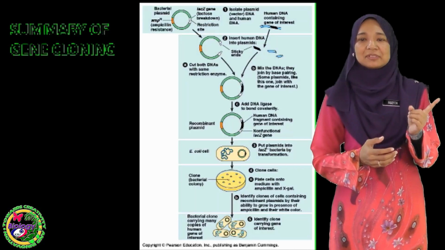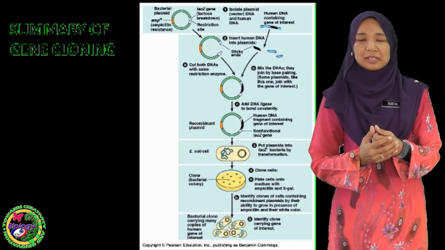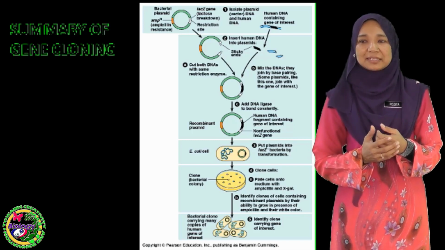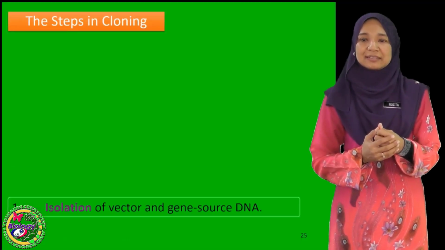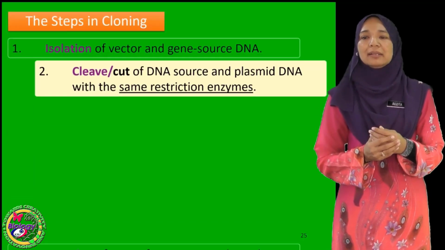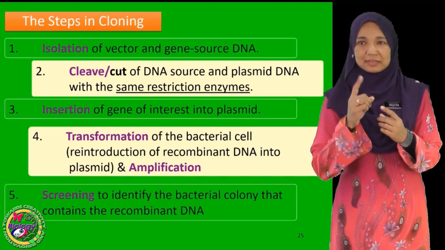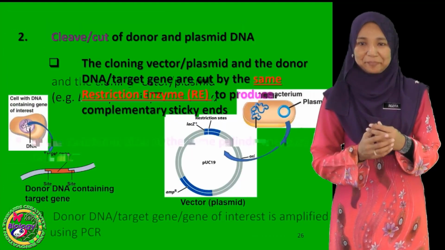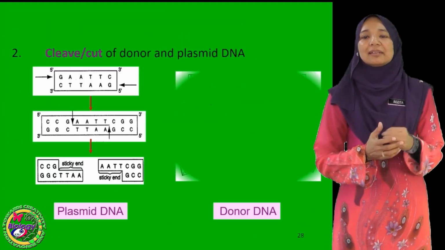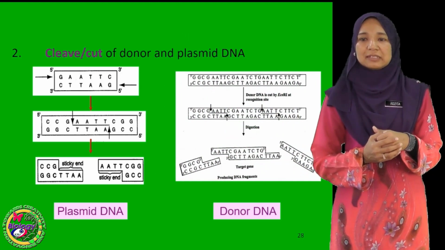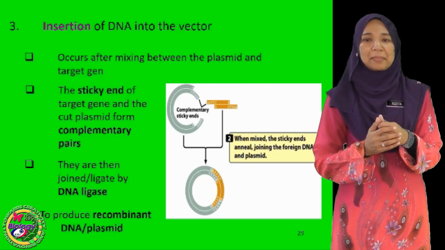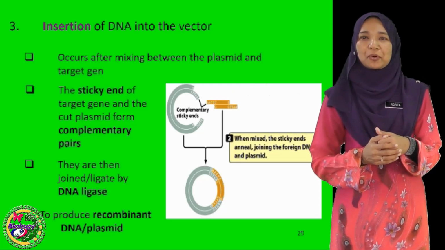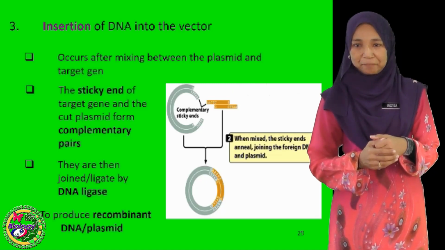Okay, first step is isolation of the gene of interest from donor DNA and plasmid from bacteria. Second, donor DNA is cut twice while the plasmid is cut once by the same restriction enzyme. Third, the gene of interest is inserted into the plasmid and then ligated by DNA ligase producing recombinant plasmid.